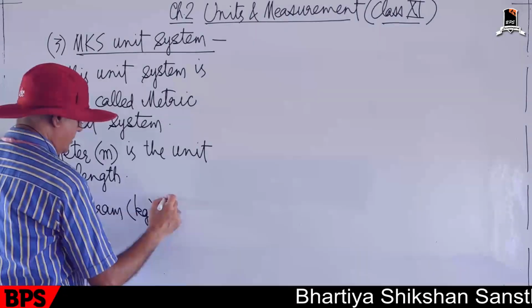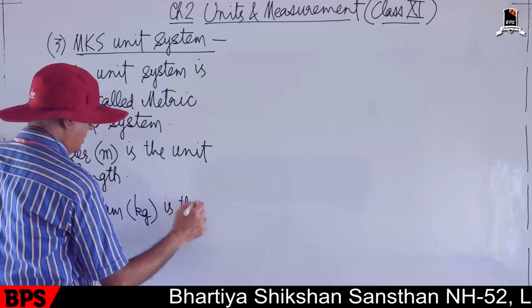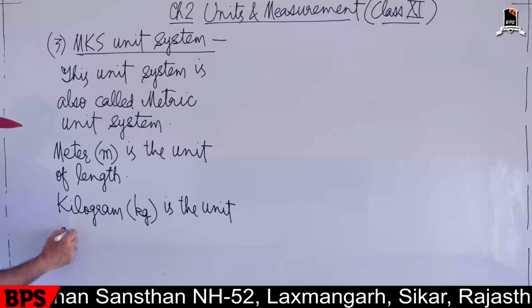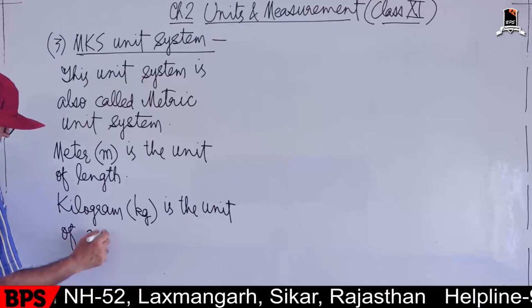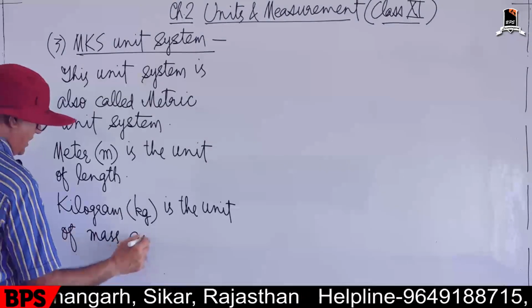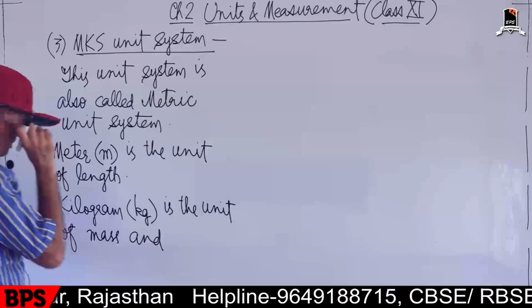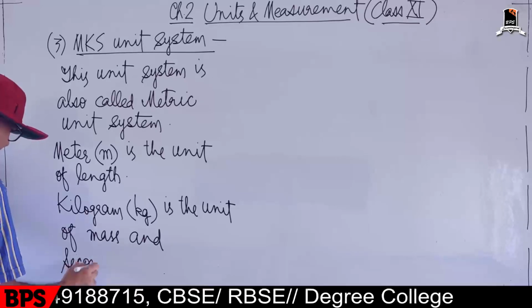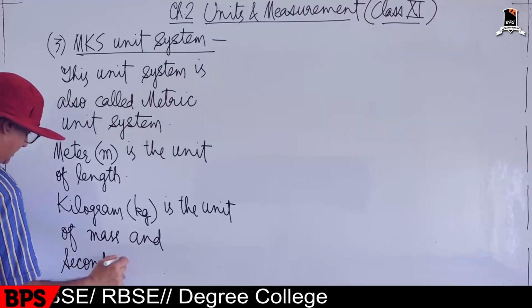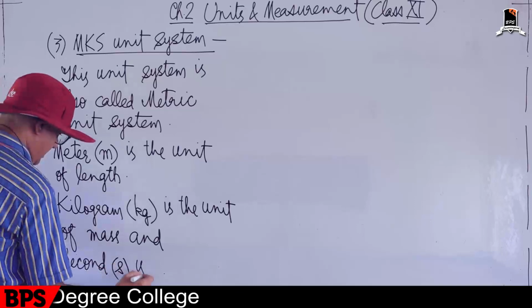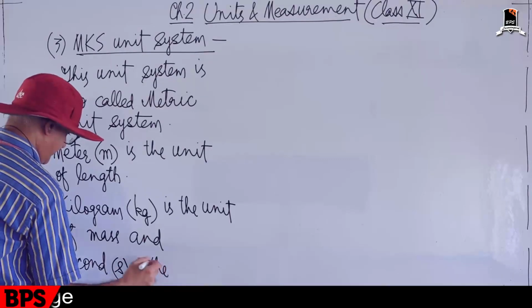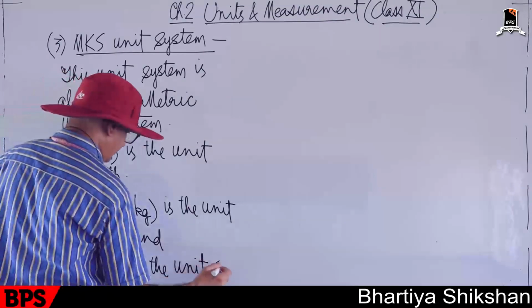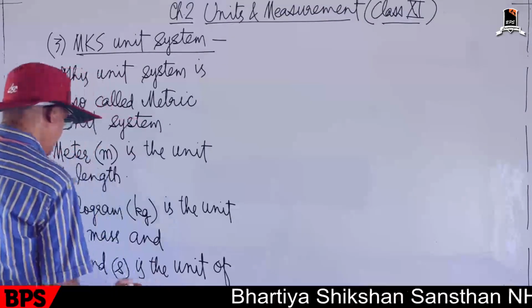Kilogram is the unit of mass, and second, symbol is small s, is the unit of time.